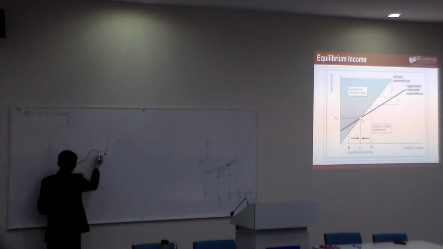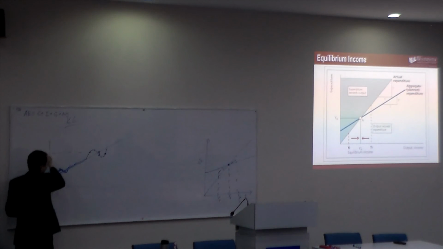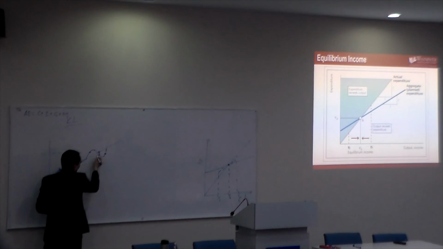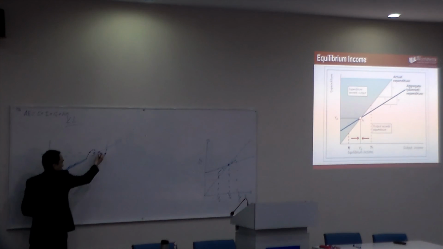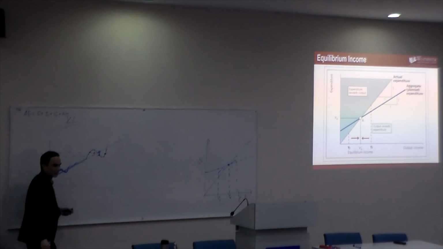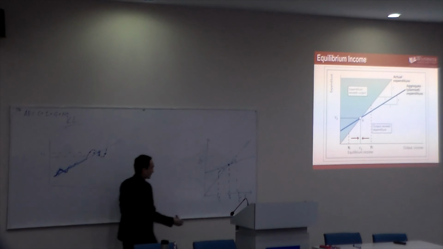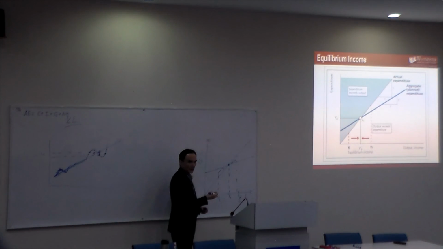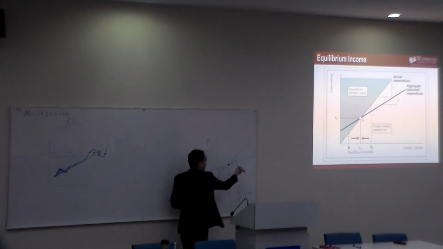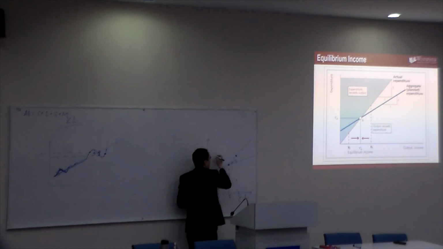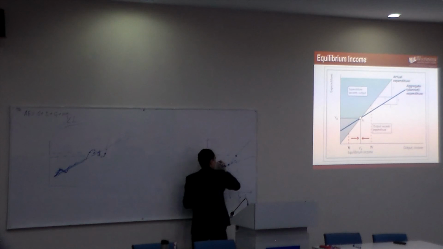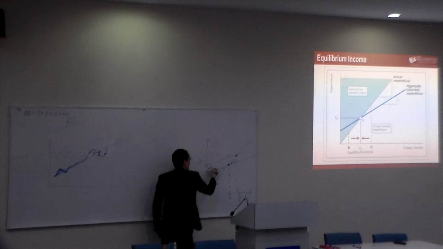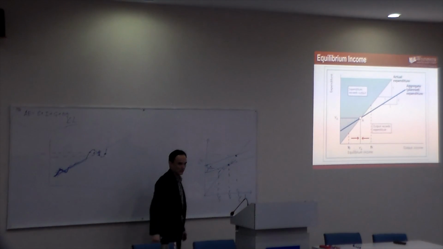Income should actually be this much, but it's now at this level. It should be increased by this much because it's the natural level. So therefore, the government should implement expansionary policy in order to reach this level, which is the normal level. And this change represents some government policies. Okay.